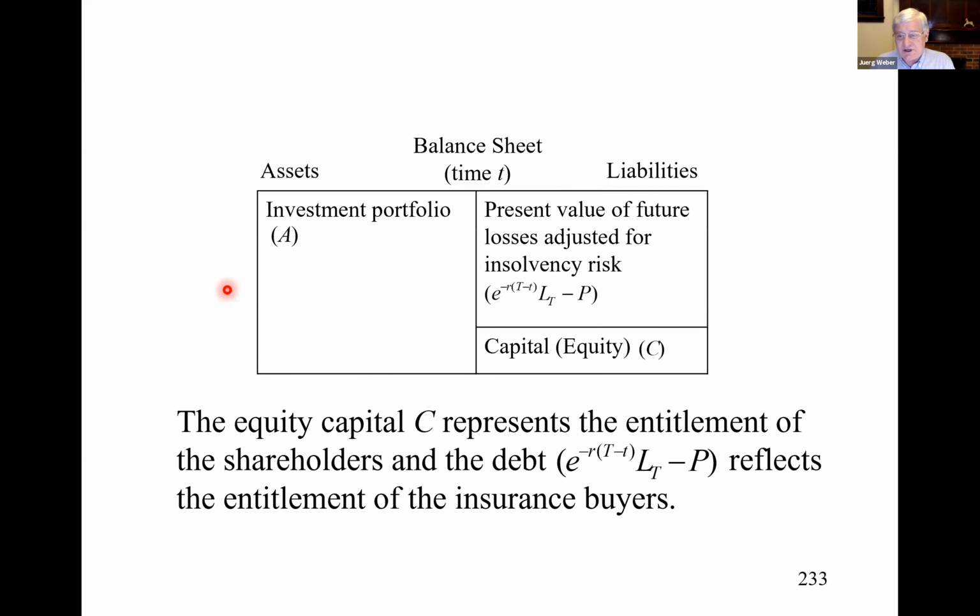So optimal leverage ratio is the amount of premium income here relative to the equity capital.